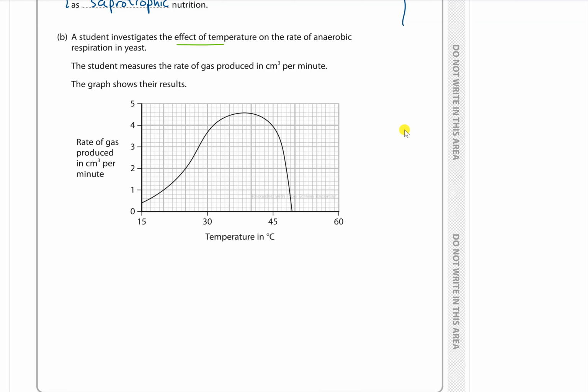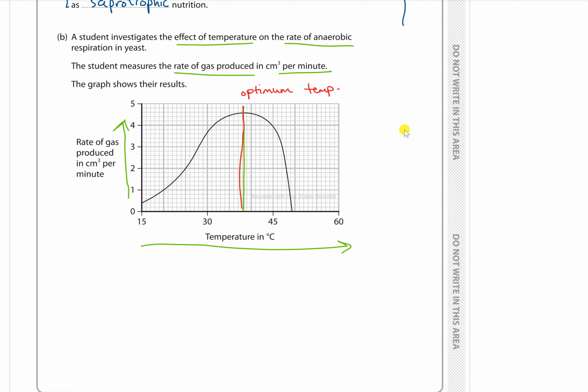A student investigates the effect of temperature on the rate of metabolic respiration of yeast. Students measure the rate of gas produced per minute. So have you noticed as the temperature is going up, the rate of gas production goes up to this point. This point, right, is called the optimum temperature.